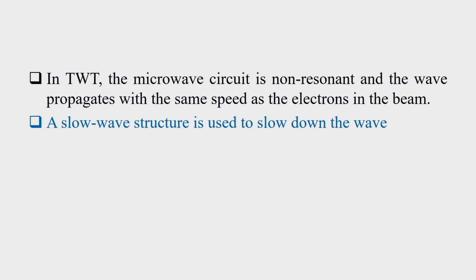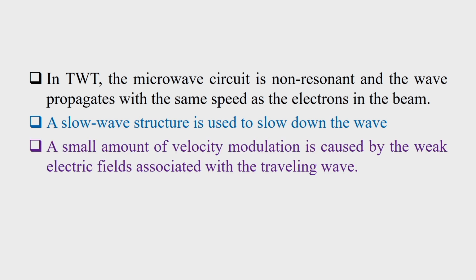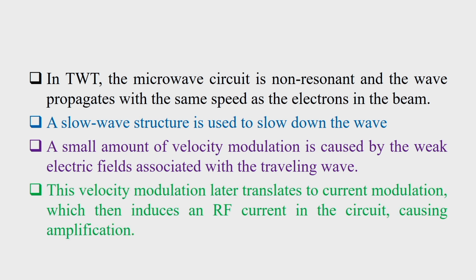A slow wave structure is used to slow down the wave. A small amount of velocity modulation is caused by the weak electric fields associated with the travelling wave. This velocity modulation later translates to current modulation, which then induces an RF current in the circuit, causing amplification.